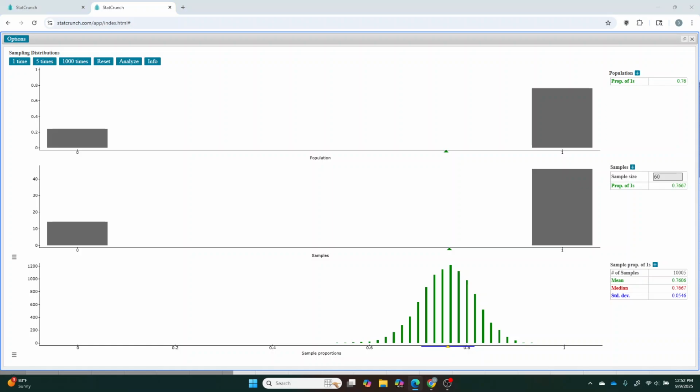So anyway, hopefully that convinces you that the central limit theorem is also true for the sample proportion, right? If you take a bunch of samples and compute the sample proportions and then make a distribution out of the sample proportions, well, if your sample size is large enough, you'll end up with a bell-shaped distribution, okay? Just like the central limit theorem predicts.